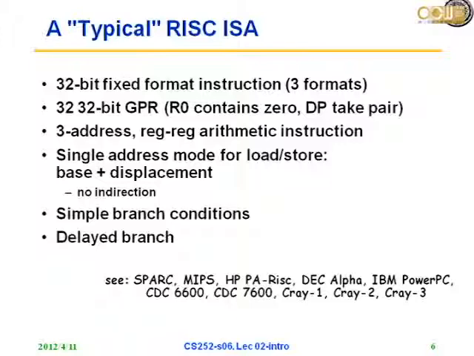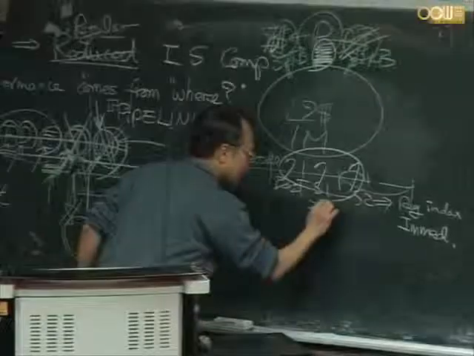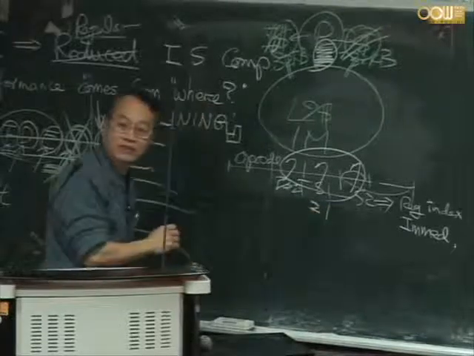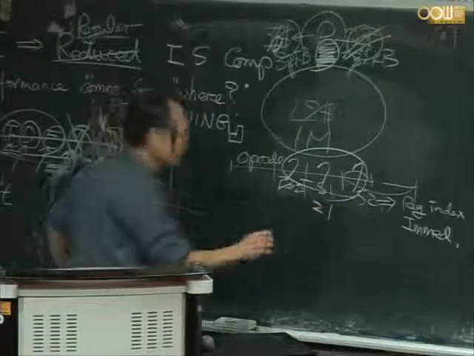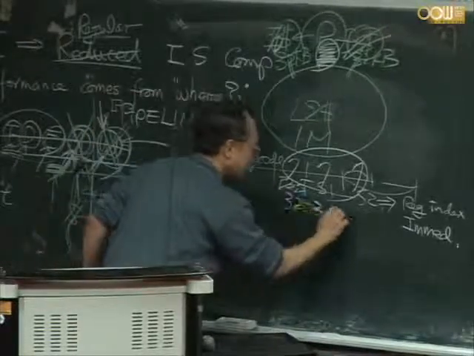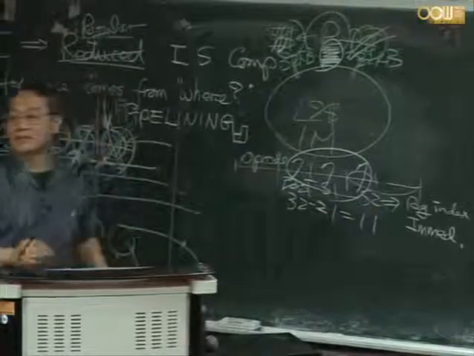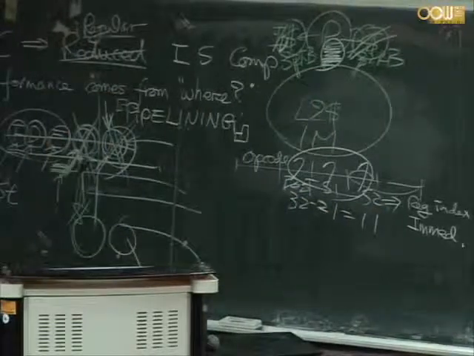But here comes the trouble. 128, how many bits do I need in order to index those registers? 7. So one destination takes 7, 7, 7. These three take 21 out of 32, leaving only 11 for other purposes. Not enough.